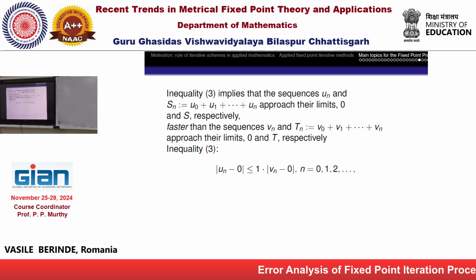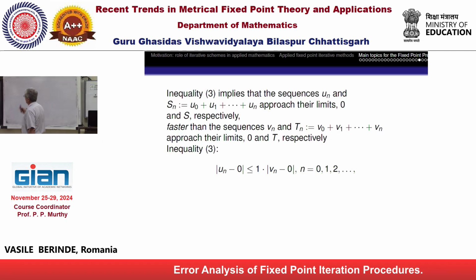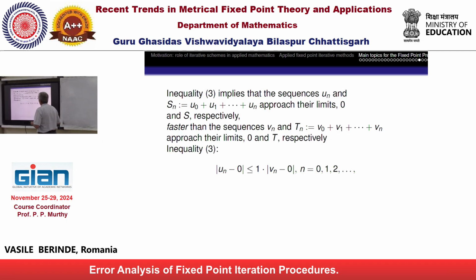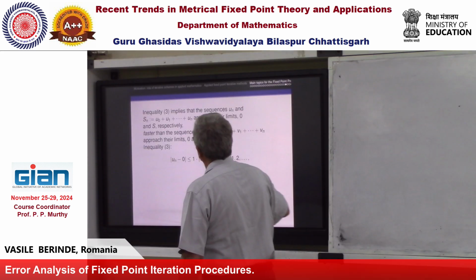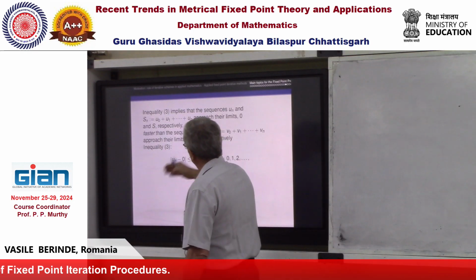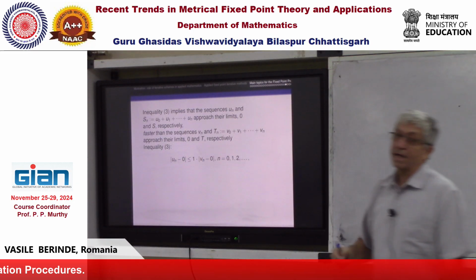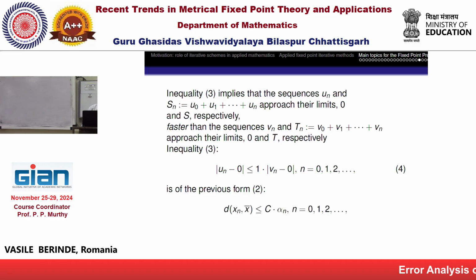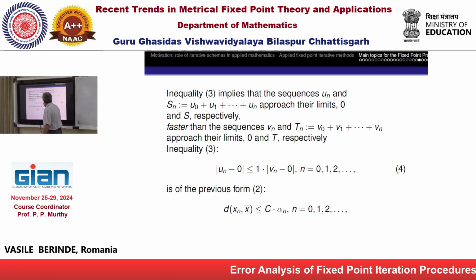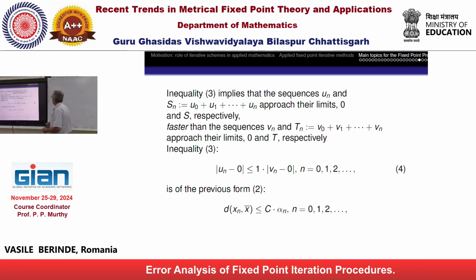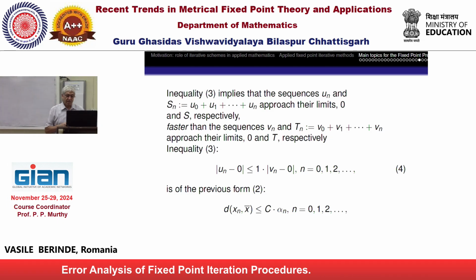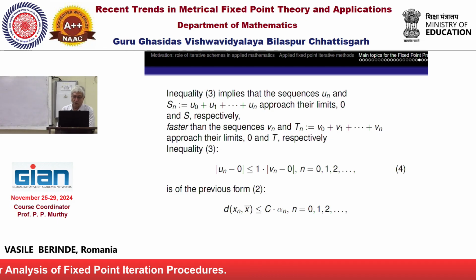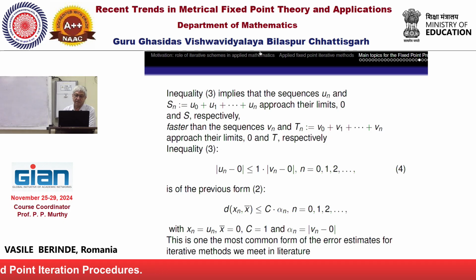And this inequality can in fact be written in this way, exactly what we had: un minus its limit is less than a constant times vn minus its limit. This has this form, and the sequence alpha n is this one, and as I said, this expresses the fact that the sequence xn converges at least as fast as the sequence vn to their limit.